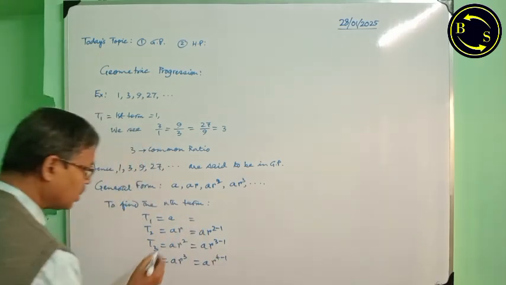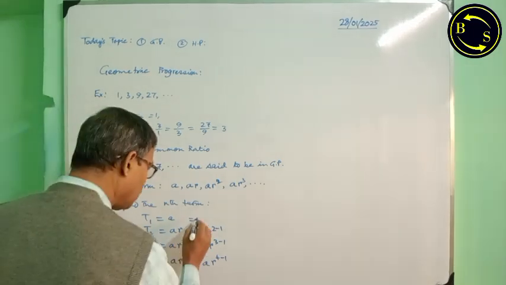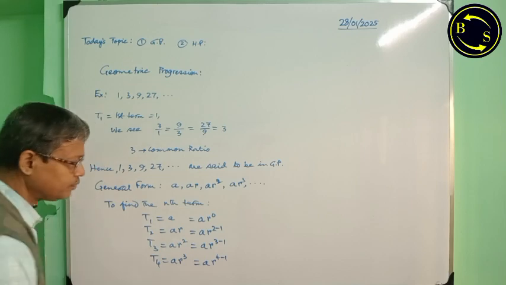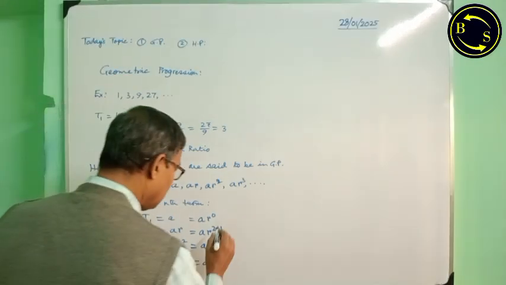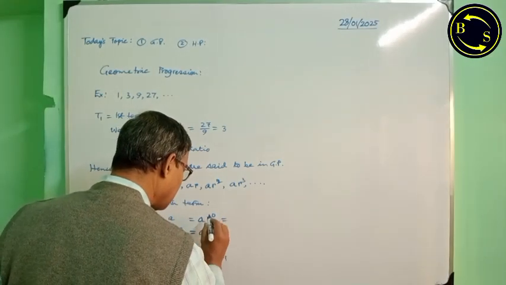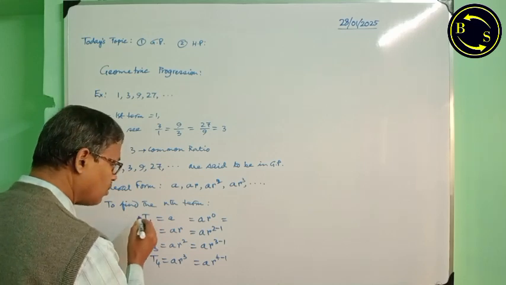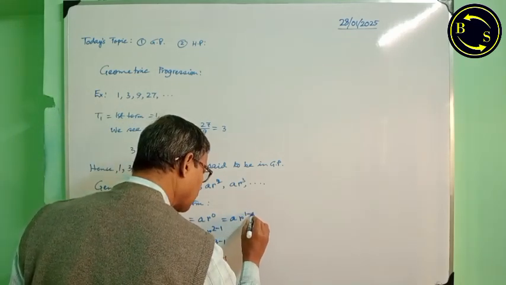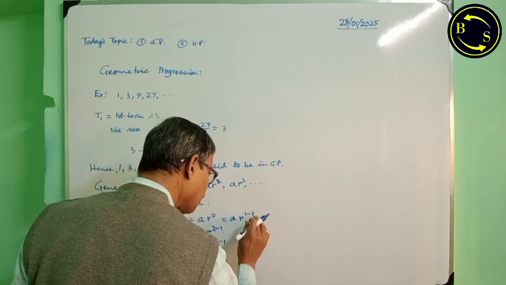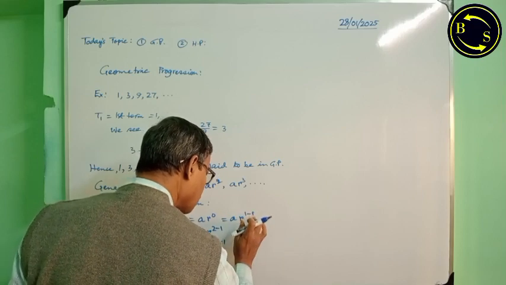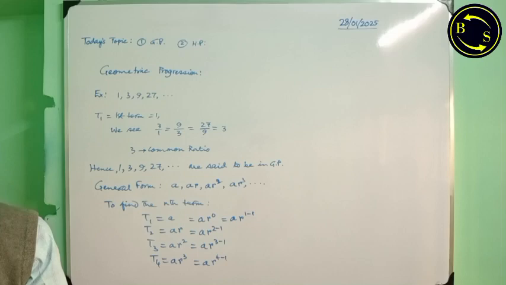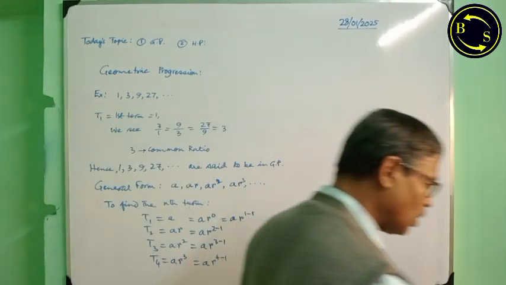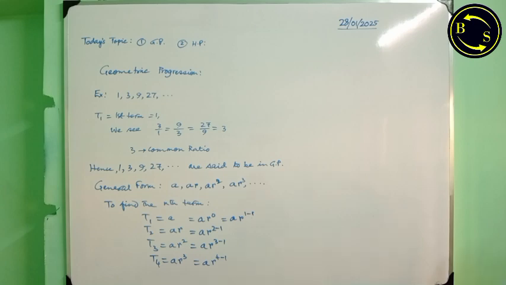Now the first term, since r is absent, therefore a r to the power 0. And that is, keeping in mind the term number, can be written as a r to the power 1 minus 1. That means power of r is 1 less than the term number.